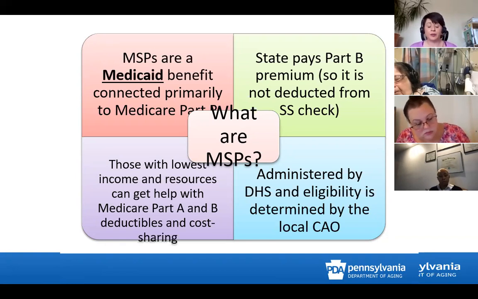Medicare beneficiaries with the lowest income and resource guidelines may also get assistance with their Medicare deductibles and cost sharing. And if they are at the lowest possible level of this program, they may also receive full Medicaid benefits.